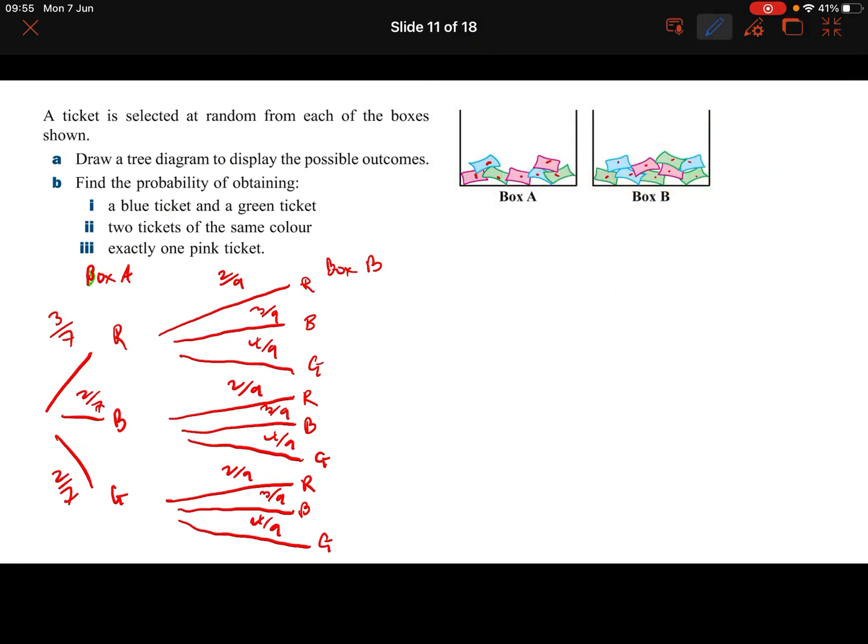Don't be lazy, list your outcomes. So I can get red and red, red and blue, red and green, blue and red, blue and blue, blue and green, green and red, green and blue, green and green.